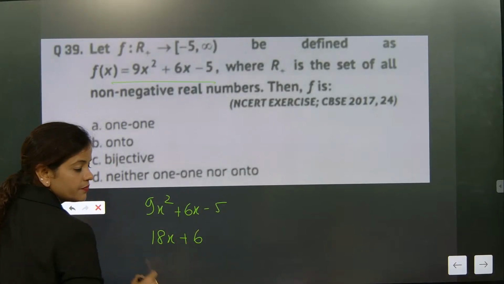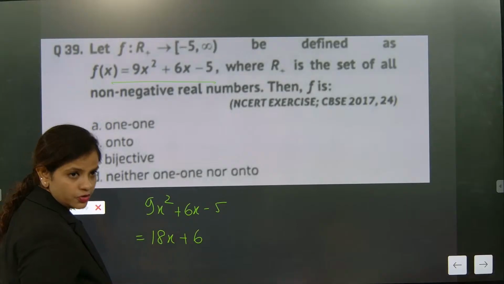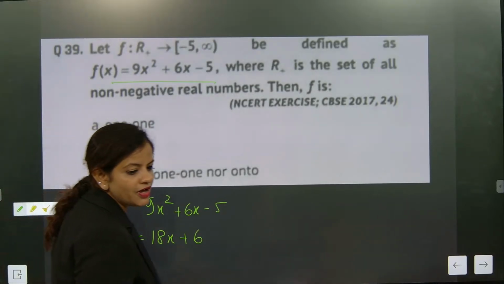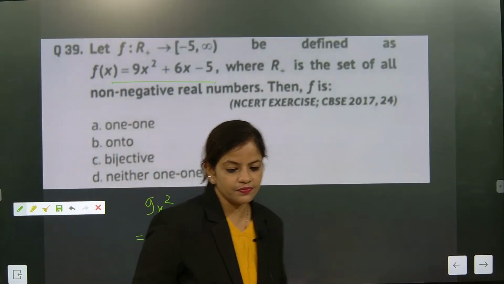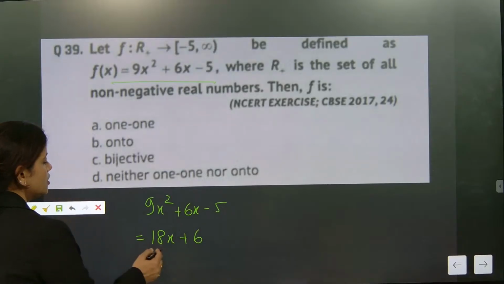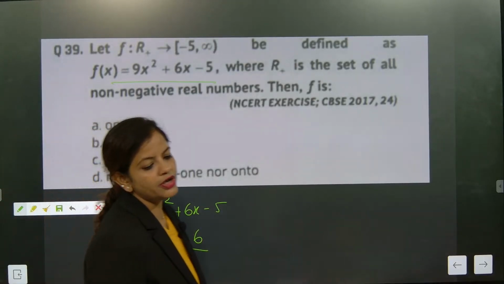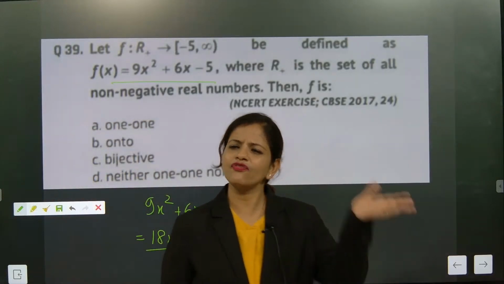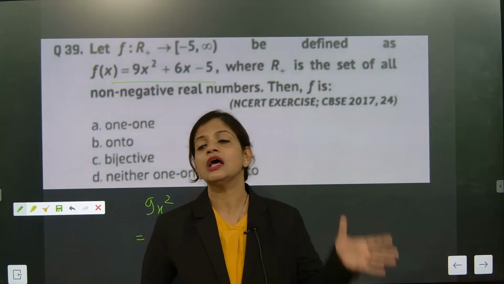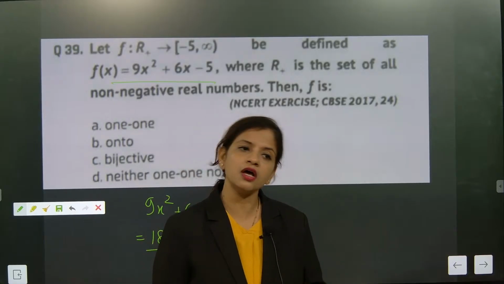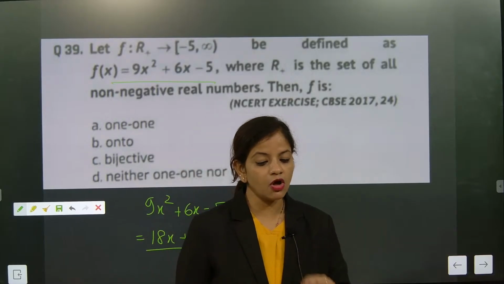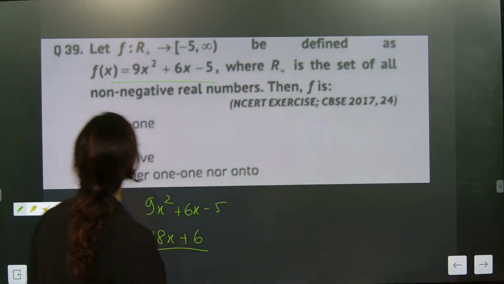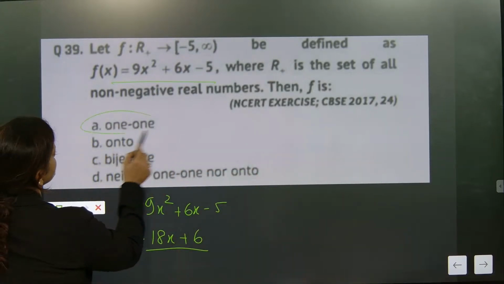If it is set equal to 0, it will give either a positive value or a negative value. So if the differentiated function can give either a positive or a negative value, it will 100% always be 1, 1.